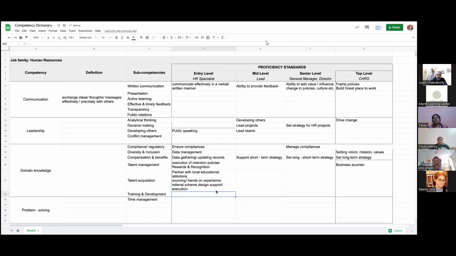So then let us go to the top from there directly. Training and development: he can administer, he can organize and coordinate training activities. Exactly, coordination.